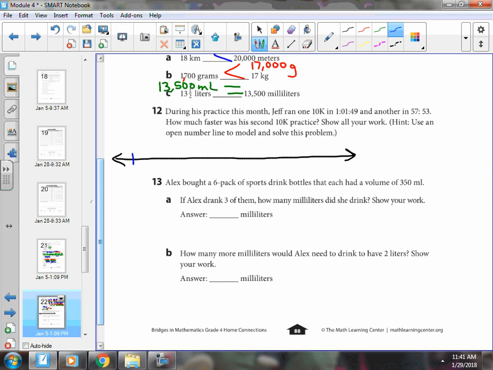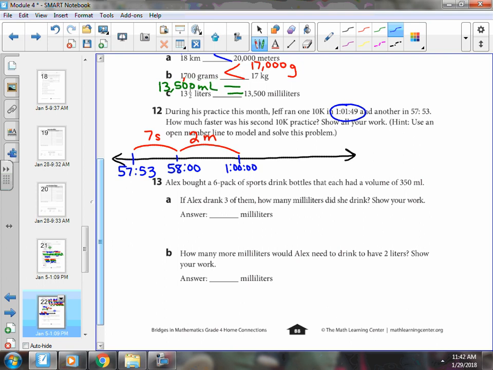I'm going to start at my lower number, 57, 53, and I'm going to jump up to my higher number, and that will tell me the difference between the two. You can jump in all sorts of different ways. I'm going to jump 7 seconds because that'll put me at a nice even number, 58 minutes. Then I'm going to jump another 2 minutes, which will put me at 60 minutes or 1 hour.